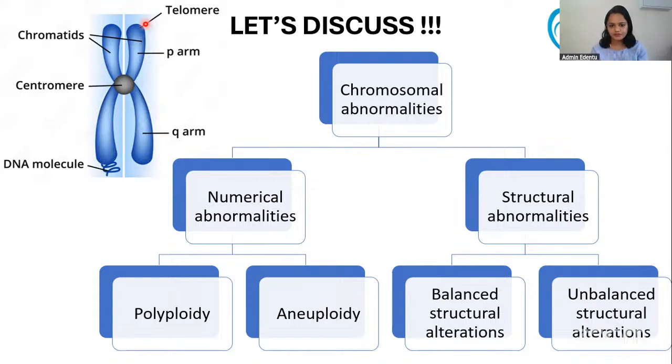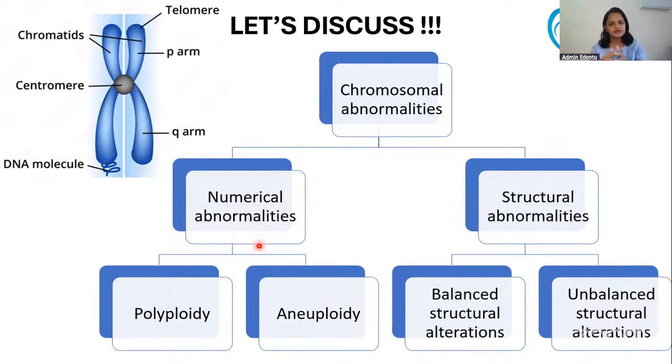If there is some change in this number of chromosomes, it is included under numerical abnormalities. The main examples are polyploidy and aneuploidy. In polyploidy, the cells always have a multiple of the haploid number.